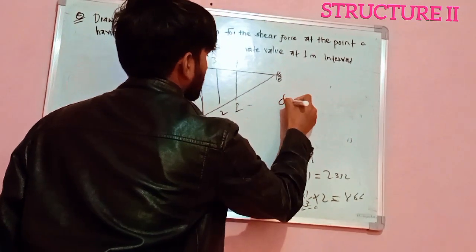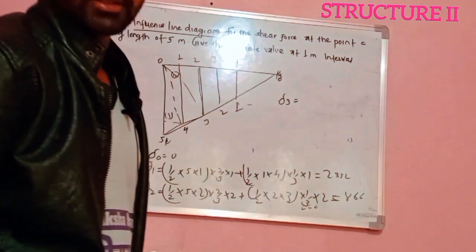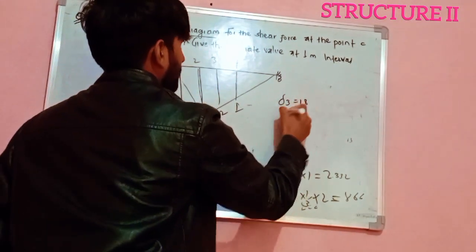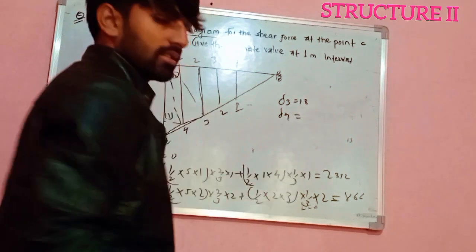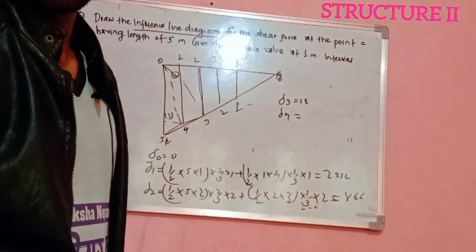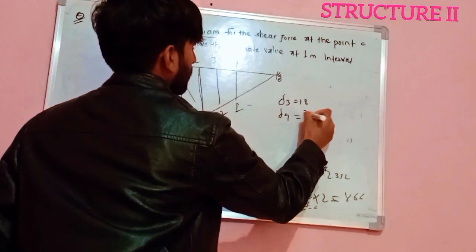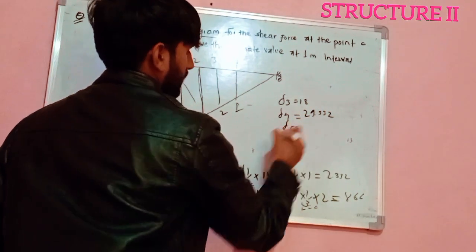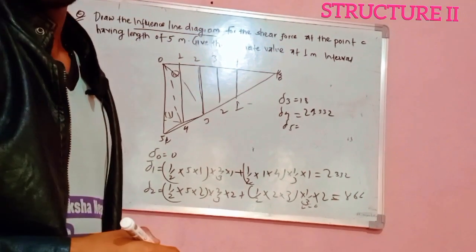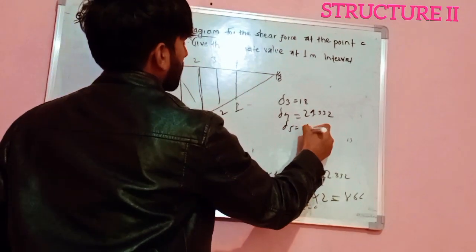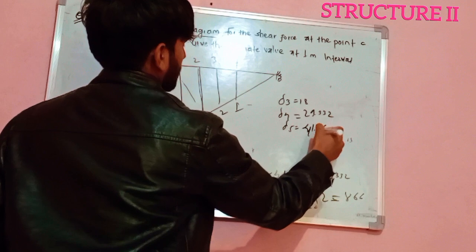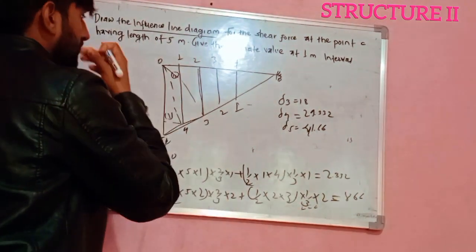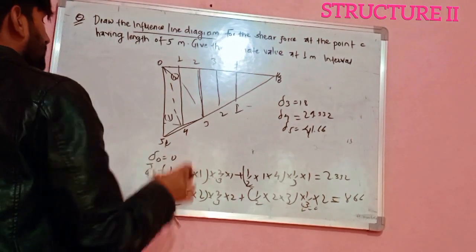If you calculate D3, you will get 18. If you calculate D4, you will get 29.332, and D5 you will get as 41.66, I guess. These are the deflections that you will get at 1 meter interval throughout the span.